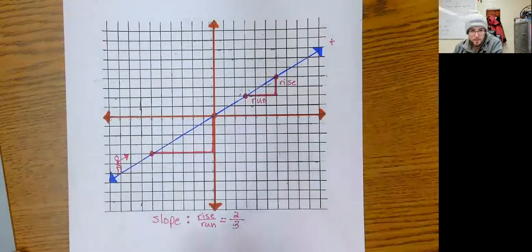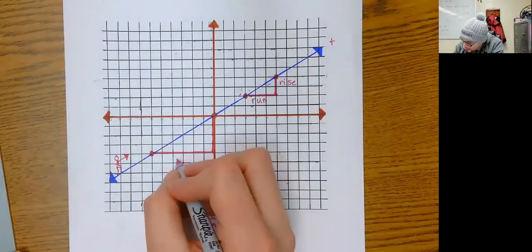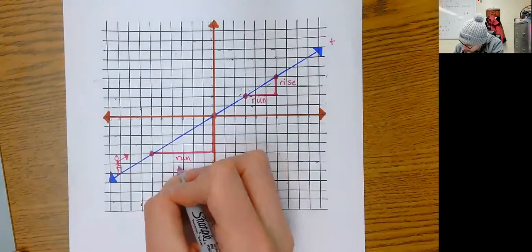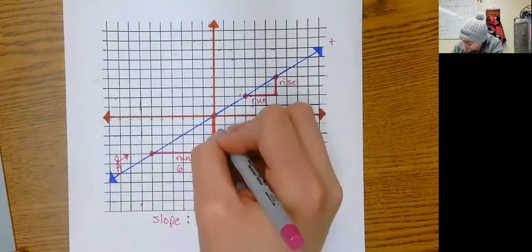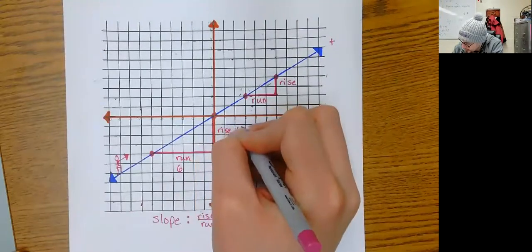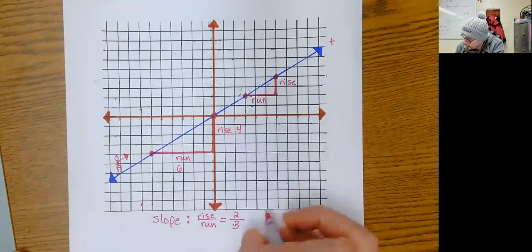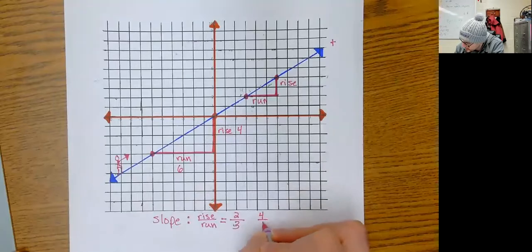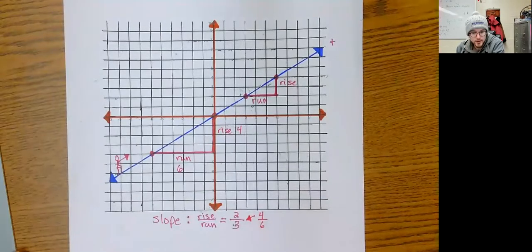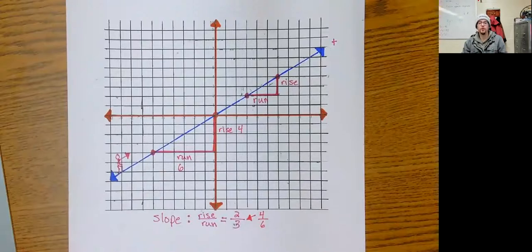Just remember that if you get a run of 6 and a rise of 4, that 4 over 6 needs to be simplified to 2/3. 4/6 is correct, it's just not simplified.